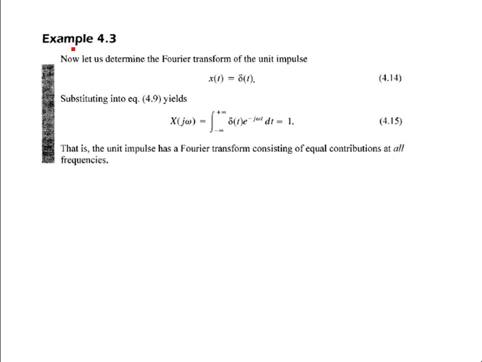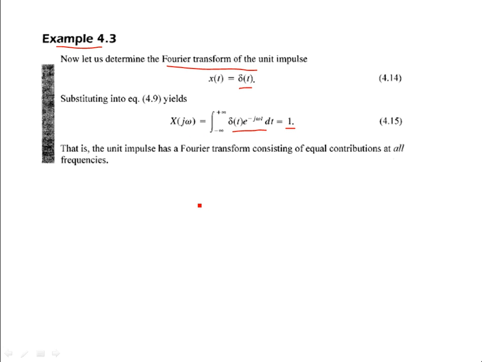All right, so let's consider another simple function, the basic function delta(t). If you want to determine the Fourier transform of the unit impulse, you plug it into the definition of the Fourier transform integral, and you see that e to the minus jωt becomes e to the minus j0t, which is 1, and the integral of delta(t) dt by definition is 1.